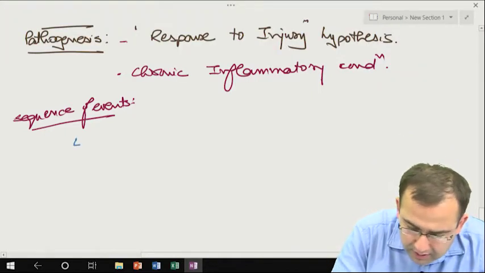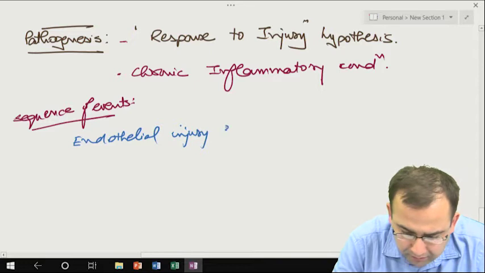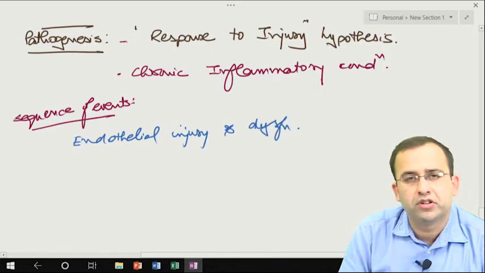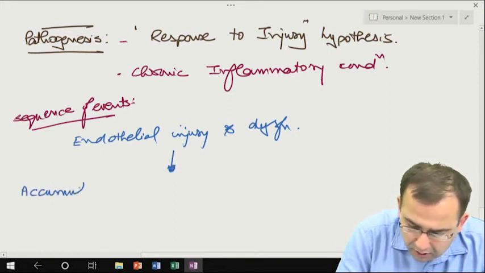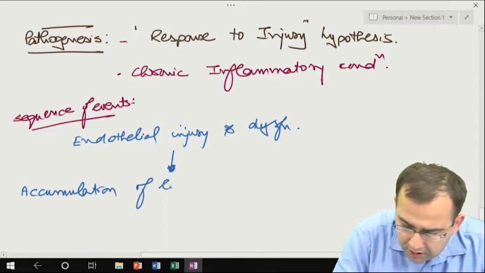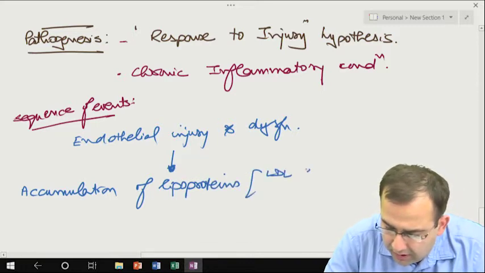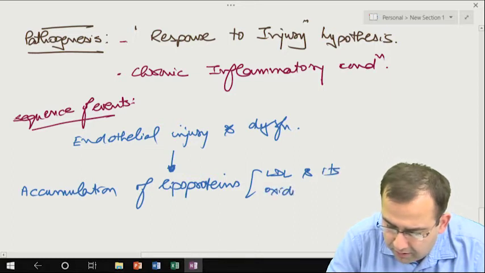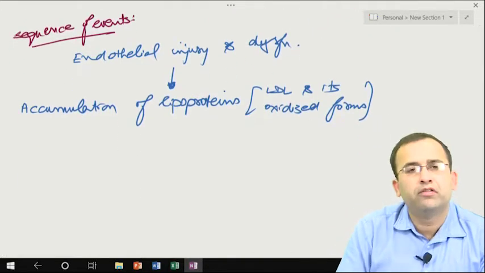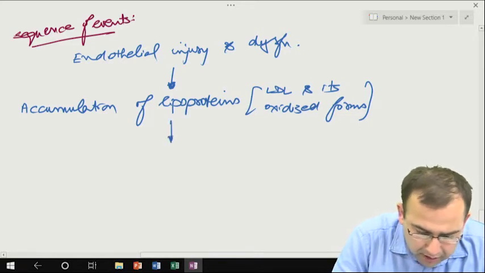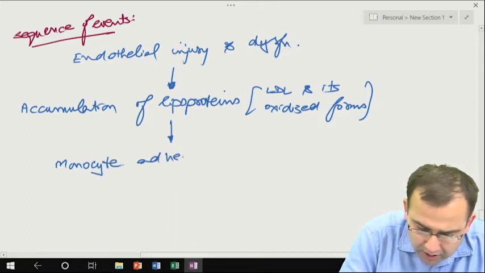Sequence of events is endothelial injury and dysfunction, which in turn leads to accumulation of lipoproteins, that is LDL and its oxidized forms, leading to monocyte adhesion to the endothelium.